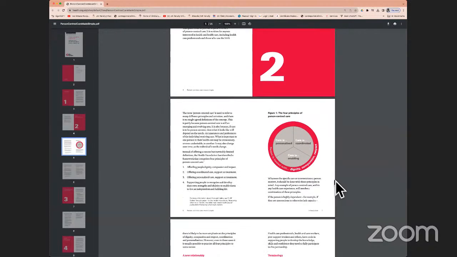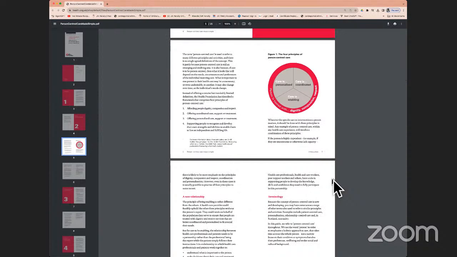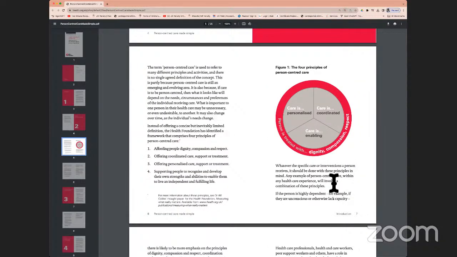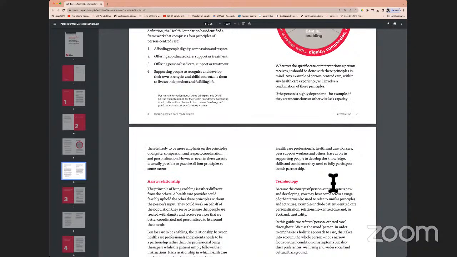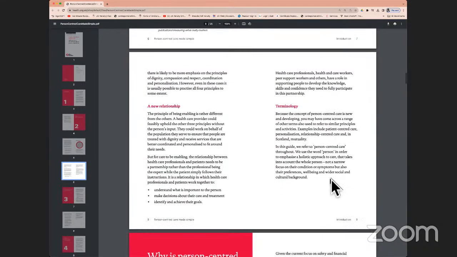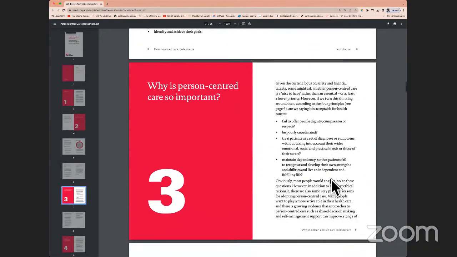Lord Darzi's report of 2008 then made it a fundamental part of care in the NHS, and it was adopted as a philosophy through which all care is provided to the patient, whether it's physical, mental, social, or clinical care, all sorts of care.